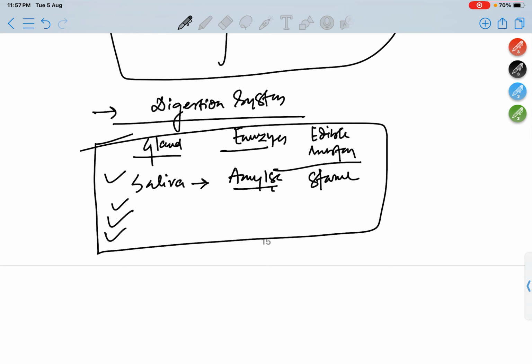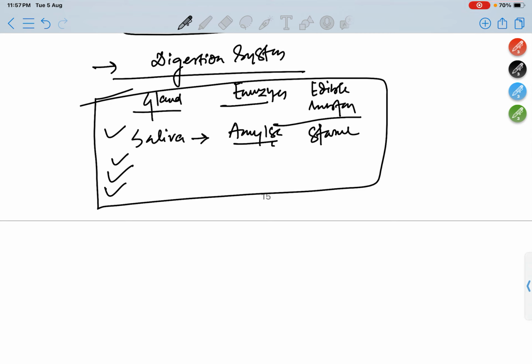Then you should go directly. There are some glands, some systems.